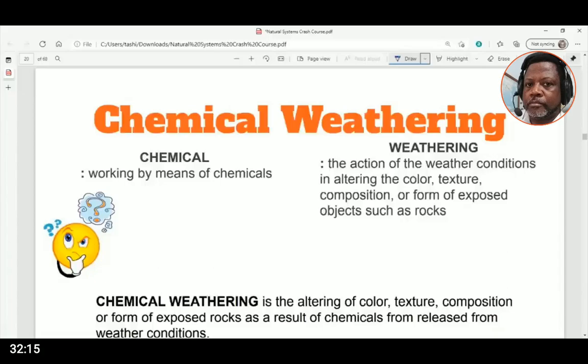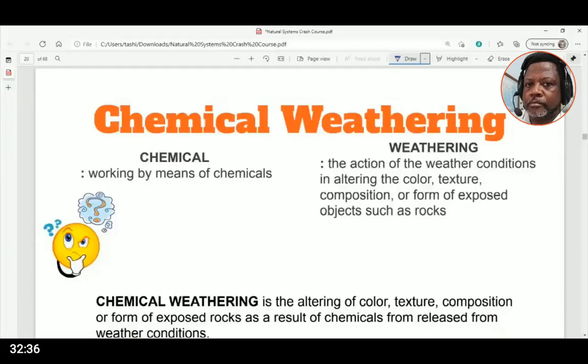So physical weathering, I would have just broken down my rock without changing the chemical composition. Chemical weathering, I am breaking down my rock, but I am altering the chemical composition of it. I'm changing the actual makeup of it.